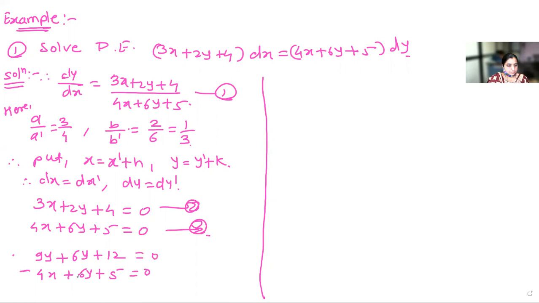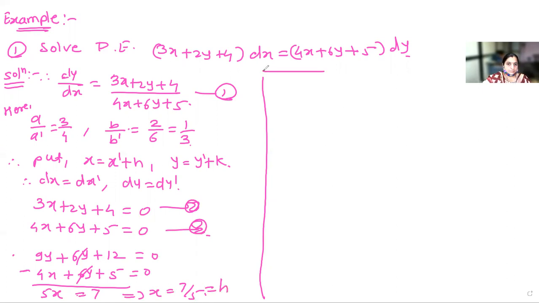On subtraction, 6y gets cancelled, 9x minus 4x becomes 5x is equal to 12 minus 5, so 7, so x becomes 7 upon 5. In this way the value of x is 7 upon 5, so this x is treated as h.